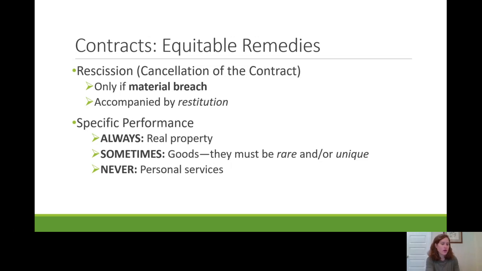Okay, quick couple words on specific performance, which is the other key equitable remedy in contracts. This is basically where instead of asking for damages, you ask for the court to require the contract to be performed. There are some restrictions on this. Specific performance is always available in real property contracts, so definitely be very, very careful when you are buying or selling a house.